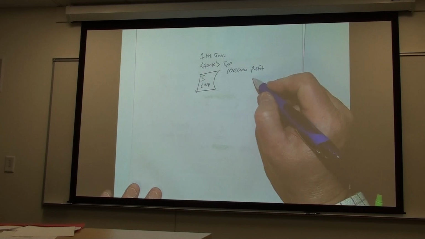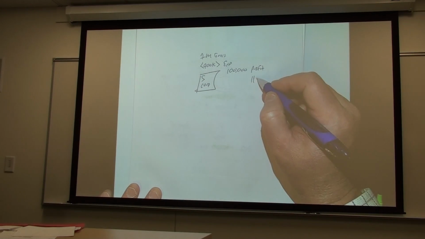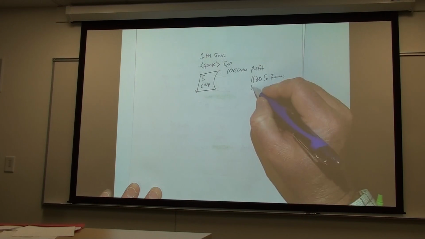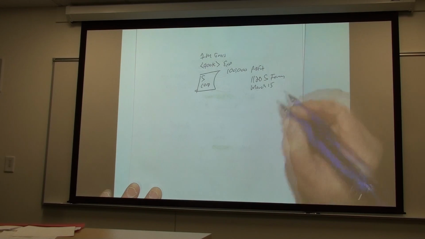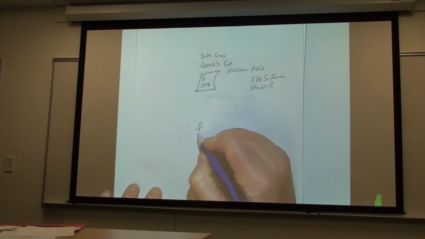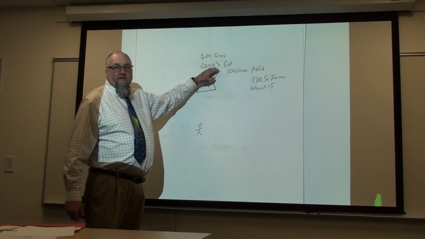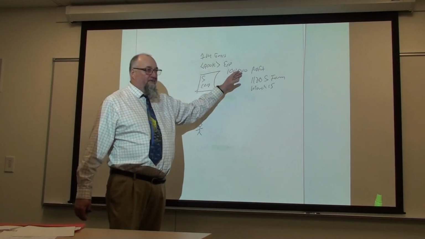So now we have one owner here, just like before. Okay. So, $1 million gross income, 900,000 of expense, $100,000 profit.